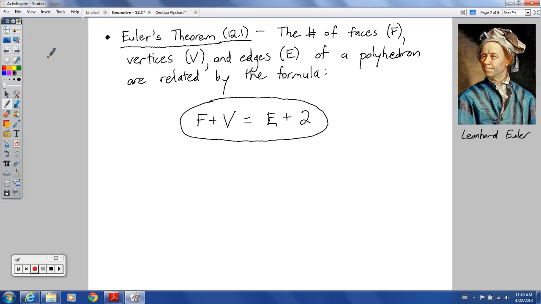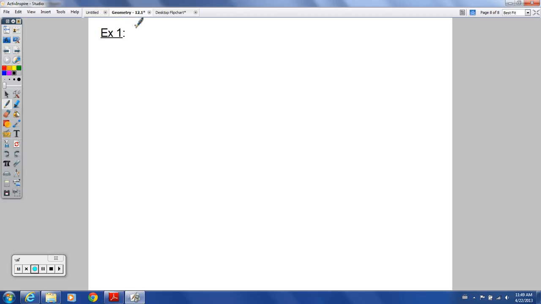So let's take a look at what that says. Let's say that a solid has 10 faces.